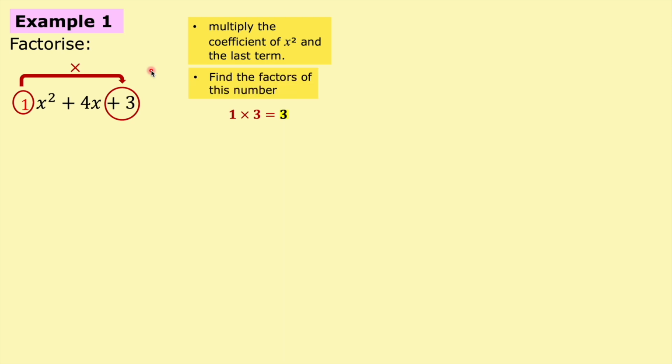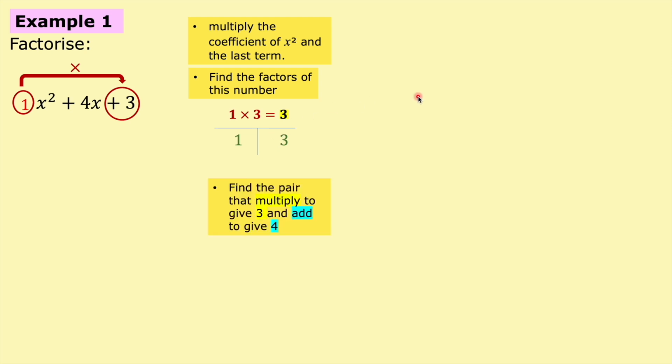Our next step is we're going to find the factor pairs of this number. What two numbers multiply together to give you 3? There's only two numbers and we've written them there, 1 and 3. We're going to draw out a little table and write down the factor pairs, so it's 1 and 3.